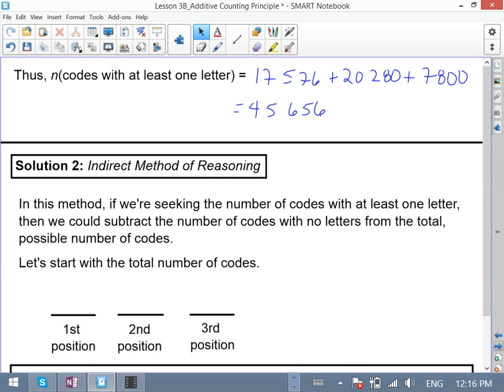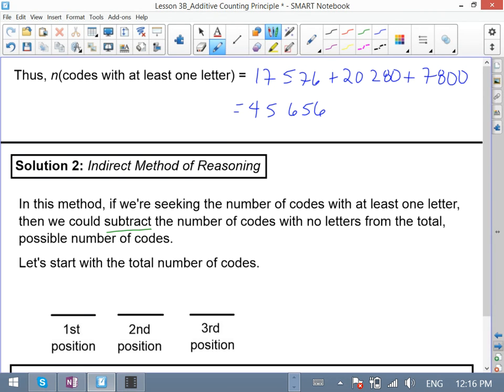Why don't we think about subtracting the number of codes with no letters from the total? So it's a 3-step process, really. We calculate 2 things, and then we subtract, as opposed to the several steps that we had before using a direct method.